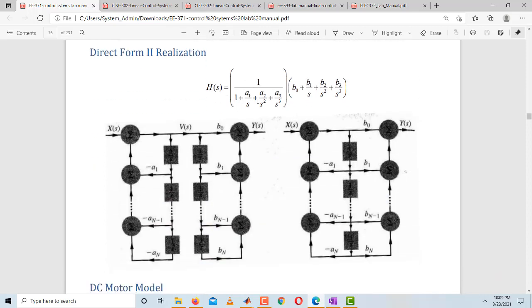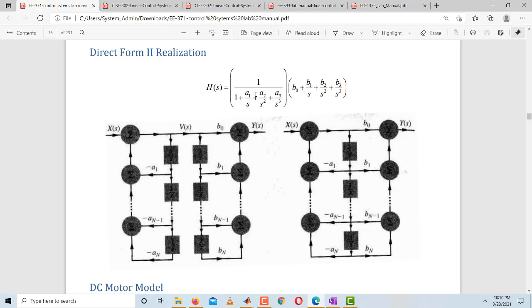But if we implement the poles first, which means that if we implement this term of the equation first, then first of all we have 1, so we have to pass on x of s as it is.